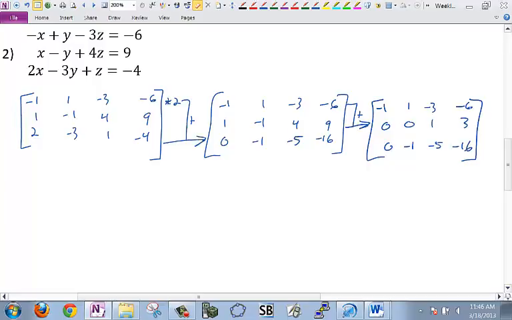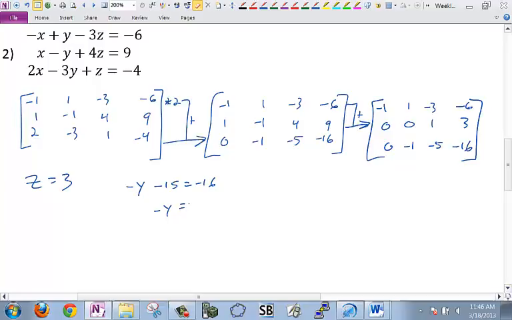And so what happened was, one step earlier than I would have expected it to, we actually are in REF. Now technically it's not REF right now, but I can just take row 2 and row 3 and switch them, and it would be an REF. Agreed? So that second equation right there tells us that z equals 3. I can plug that into the bottom equation. -y minus 15 equals -16.